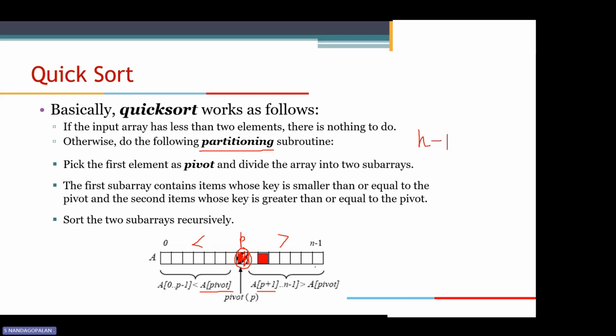Now we have two subarrays. Now apply the same technique on the left half and also the right half. So two recursive calls will be used to achieve this. Again I get one more pivot, assume that this is my new pivot element for the left half, right?